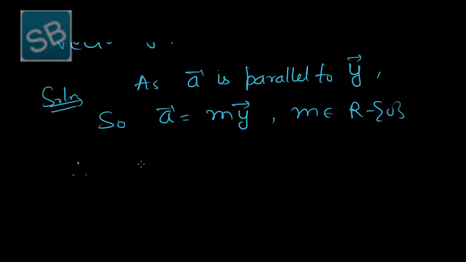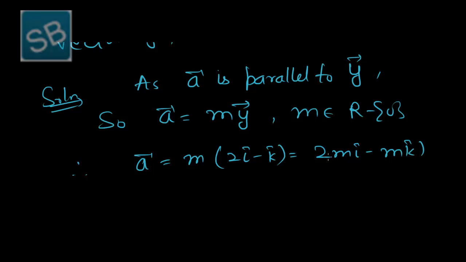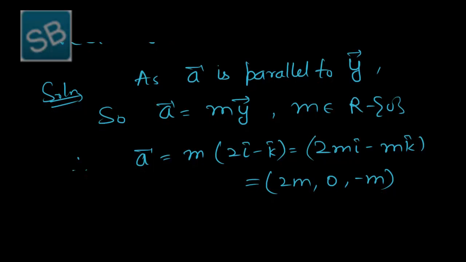Therefore, vector a is equal to m times vector y, that is 2i minus k, or we can write 2m i minus m times k, or we can write 2m, 0, minus m, that represents vector a.